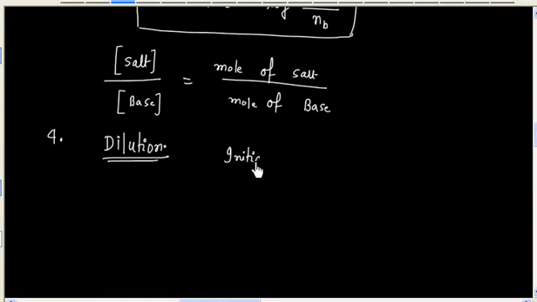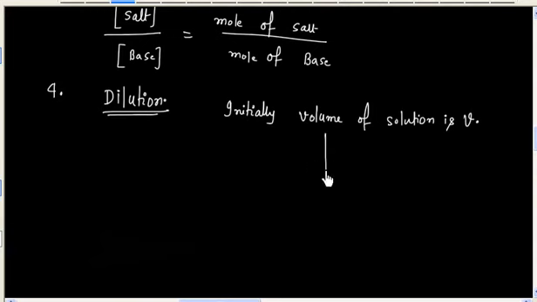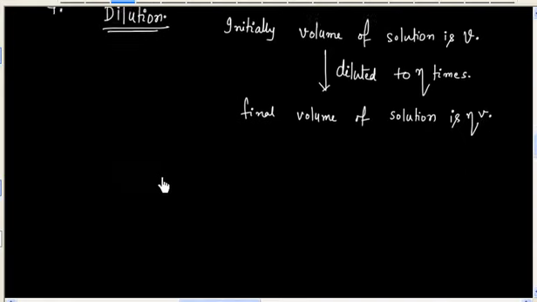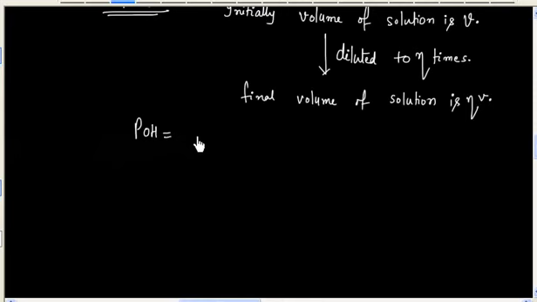Initially volume of solution is V. Now let us say this solution is diluted to eta times, that is final volume of solution is eta into V. So we can calculate pOH for final solution using the same expression, log of concentration of salt divided by concentration of base.